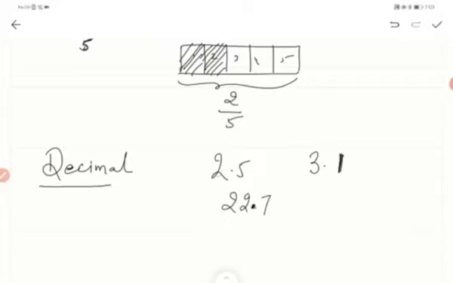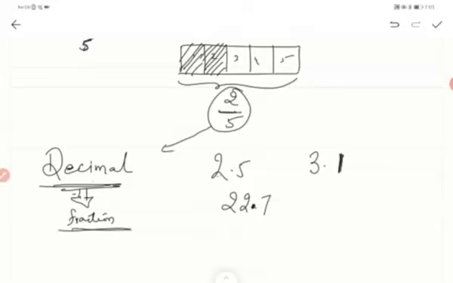You call this a decimal. Actually this decimal is another form of representation of a fraction. We can represent a fraction in terms of decimal. We will discuss this in the next video.